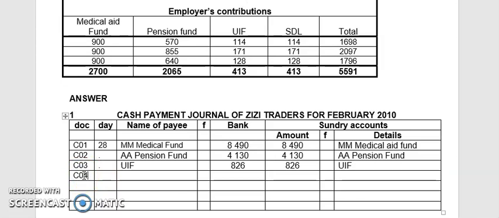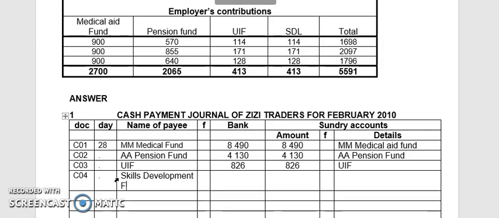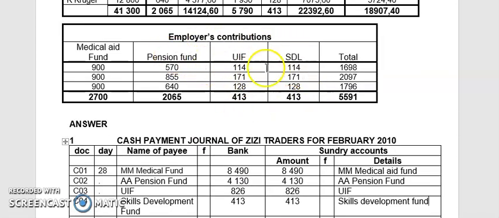It's only going to be that one amount, which is this amount here, and that's the skills development fund, and that's 413, and you put in the skills development fund.